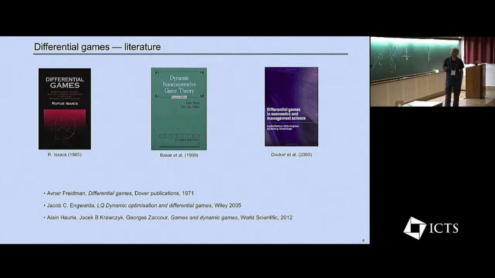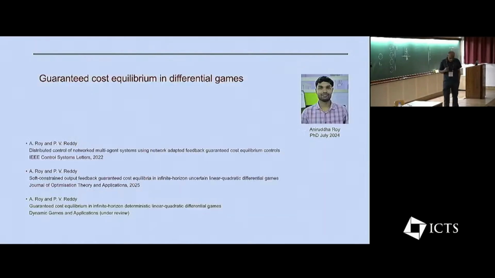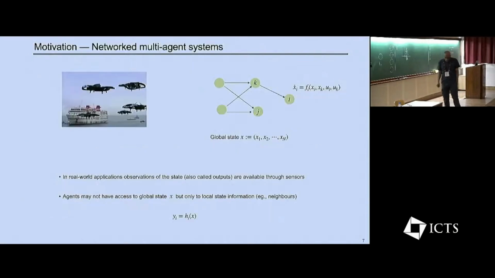Now coming to the focus of today's talk, this is joint work with my recently graduated PhD student, on guaranteed cost equilibrium in differential games. Our work is motivated by real-world applications where agents may not have complete observations of the state, because usually it is a very rich description, and agents get information through sensors.